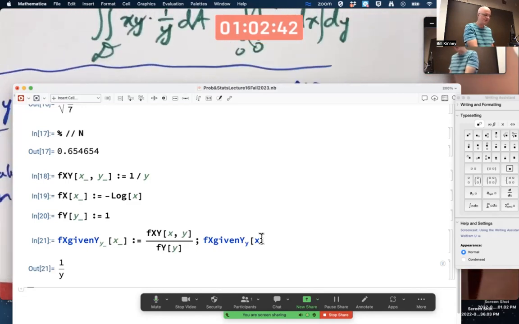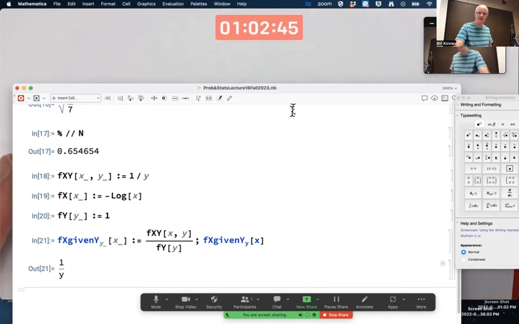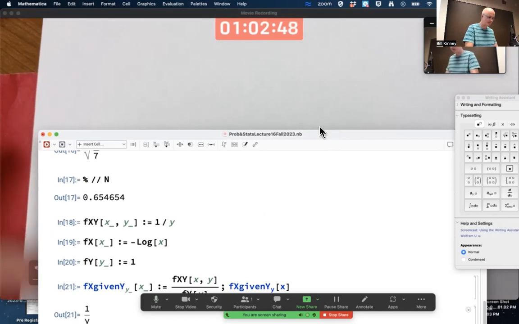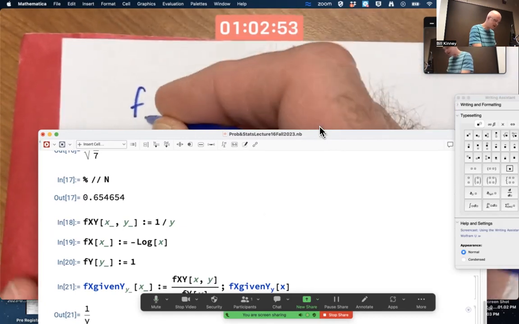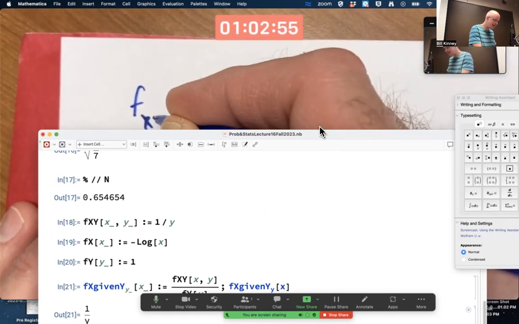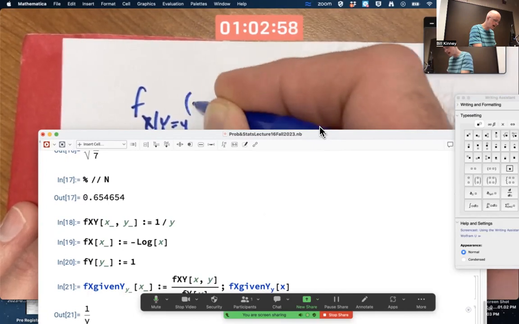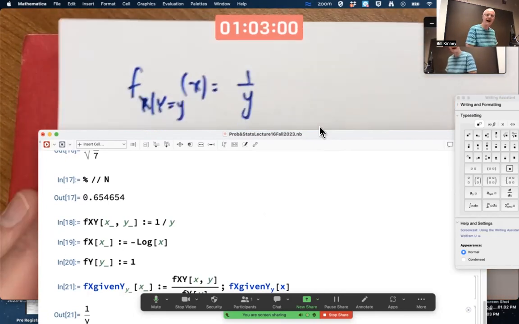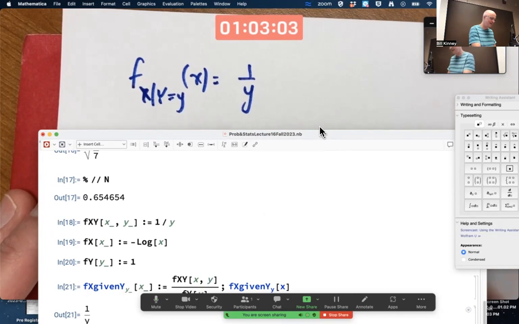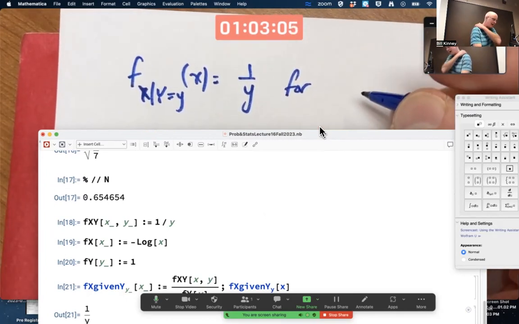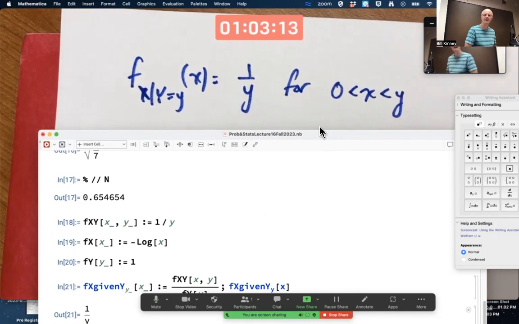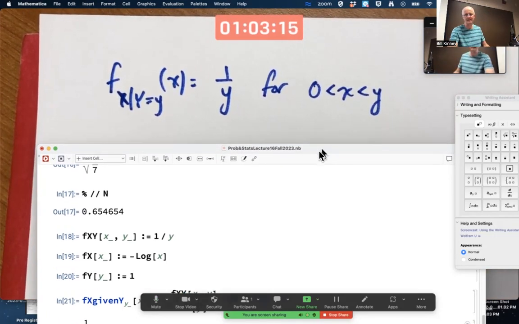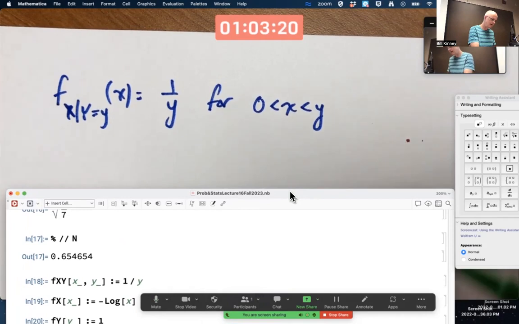For this example, the conditional PDF of x given capital Y equals little y, of x, equals 1 over y, not for x between 0 and 1, but for x between 0 and y. Go back to the triangular domain.